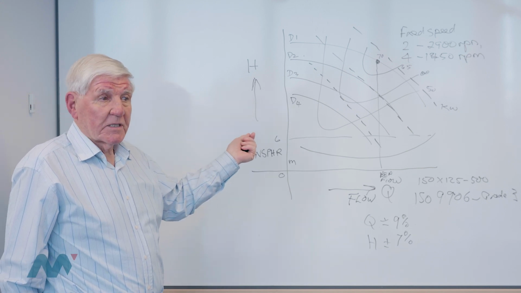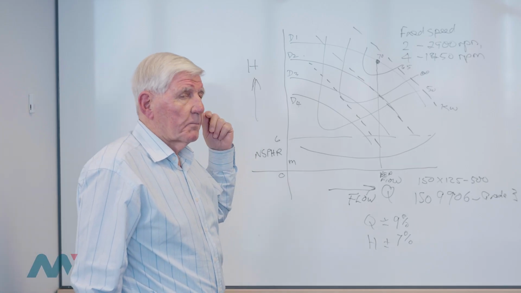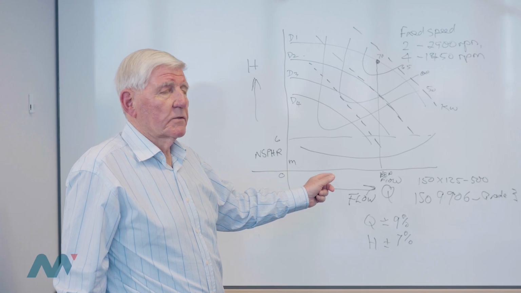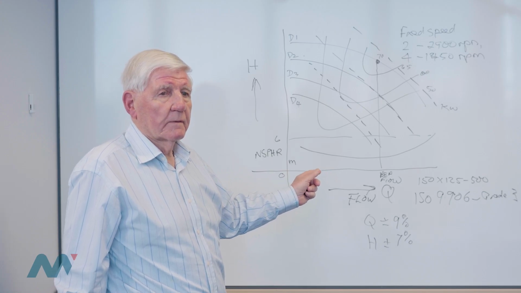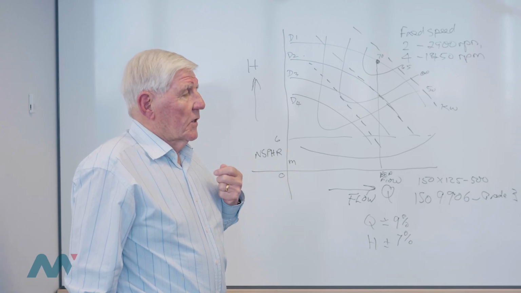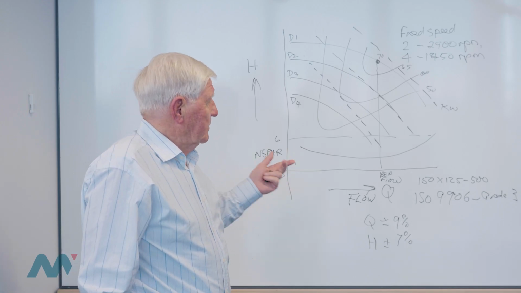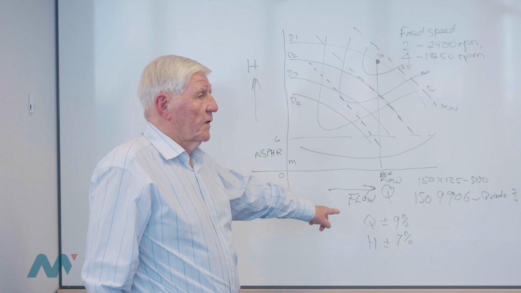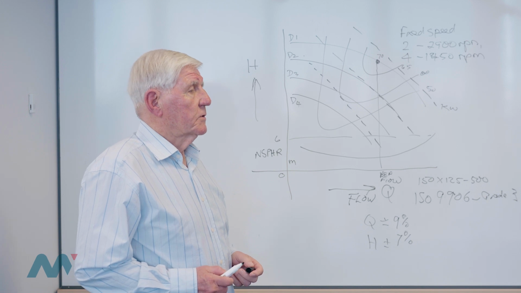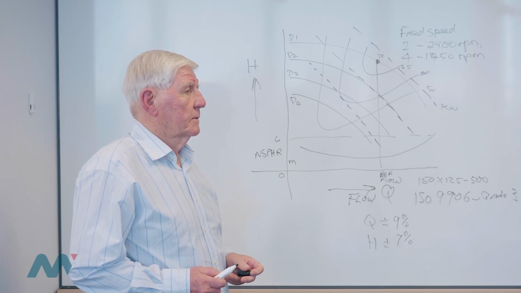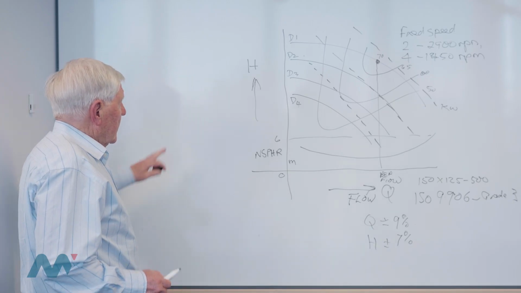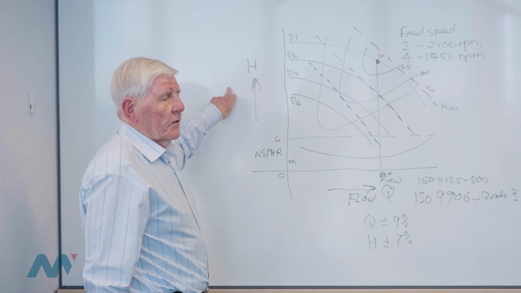This is an international standard, so every pump manufacturer provides you exactly the same information if they test it to ISO 9906 grade 3. Okay? So you've got to understand that the published curve is going to be subject to tolerances for flow and head, which means that what you see on the curve may not be produced by the pump when you take it to site.